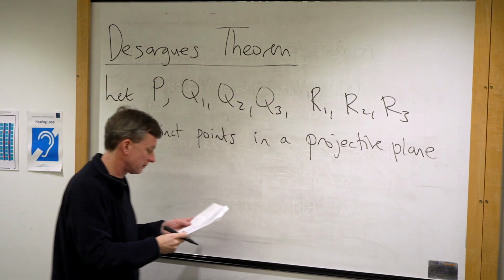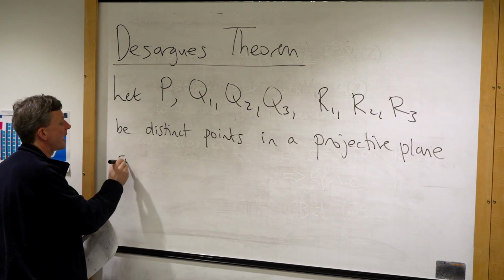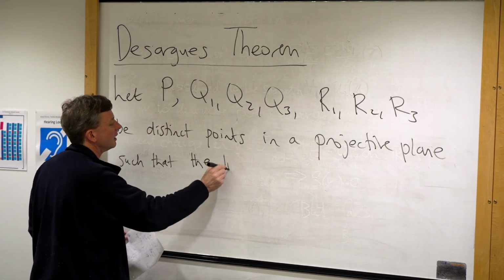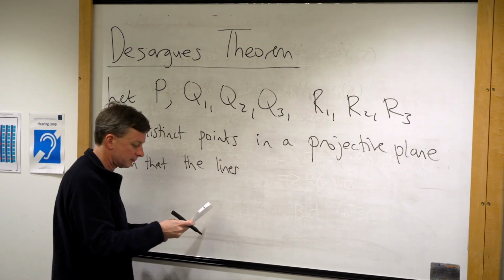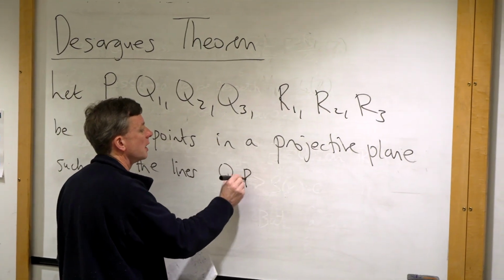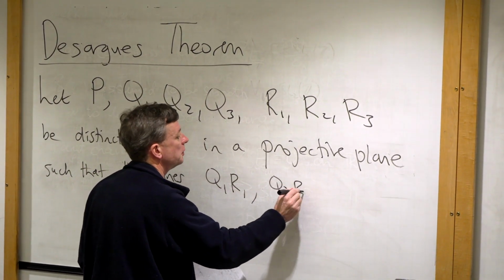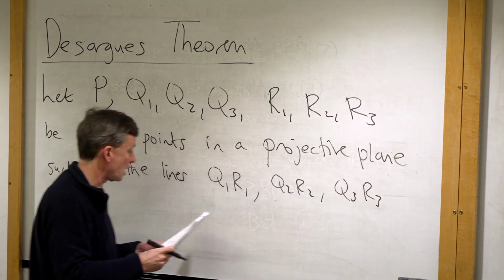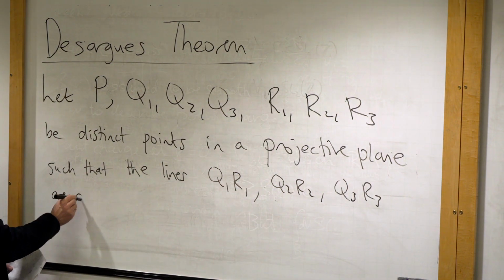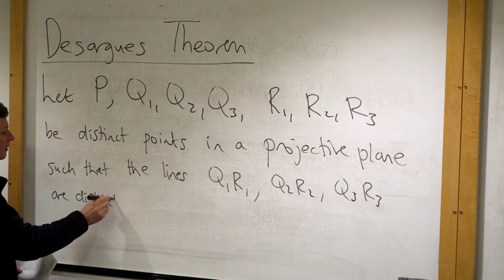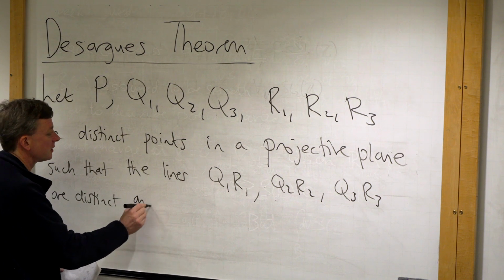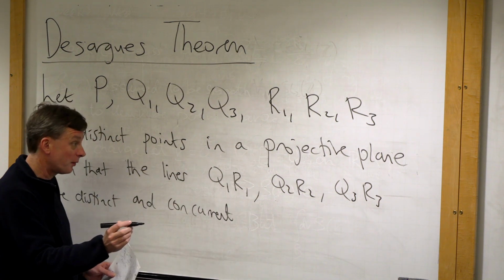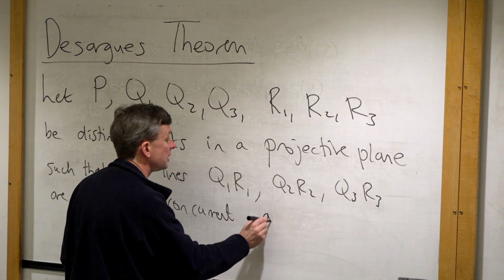That's over any field. Such that the lines Q1 R1 and Q2 R2 and Q3 R3 are distinct. They're different lines and concurrent, meaning they all pass through the same point big P.